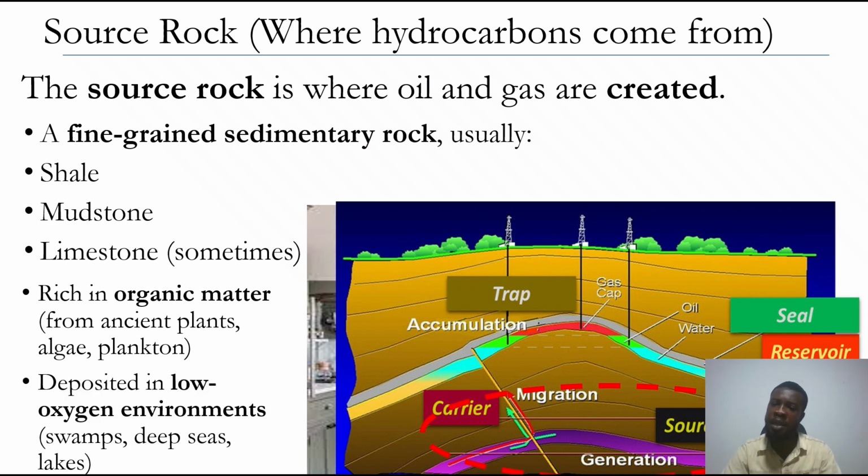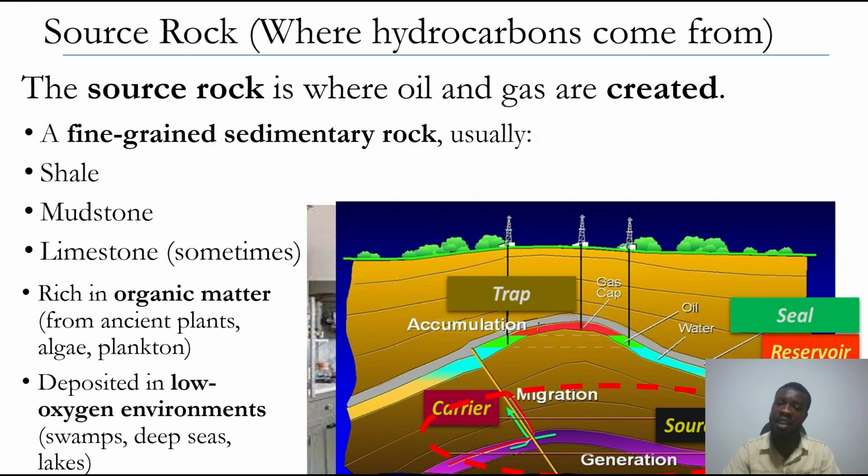And one other very important element that a source rock needs is a low oxygen environment, what we call the anoxic environment. That is an environment that has a very low amount of oxygen. The reason why that is important is because oxygen aids decomposition, and we don't want this organic matter to decompose.